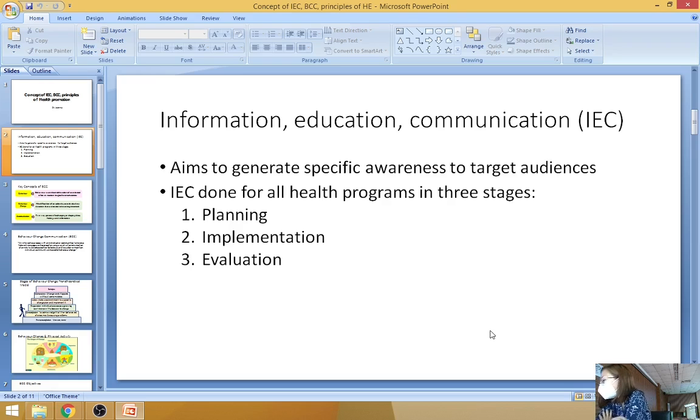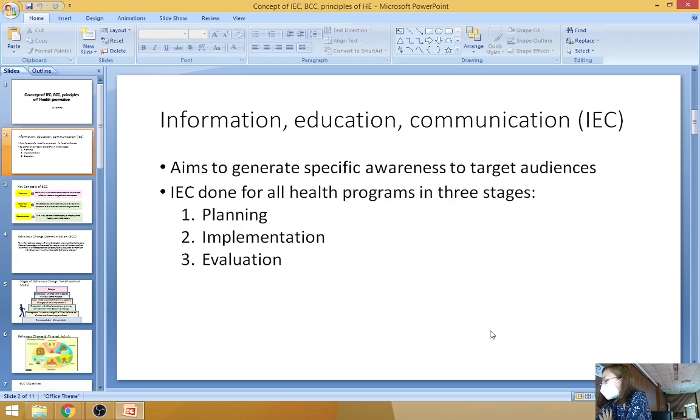First you have to plan how large a population, whether you are going to cover the whole district, whole state or the whole country. If it is a large population, then which mode of communication will be better to reach such a large number of people?